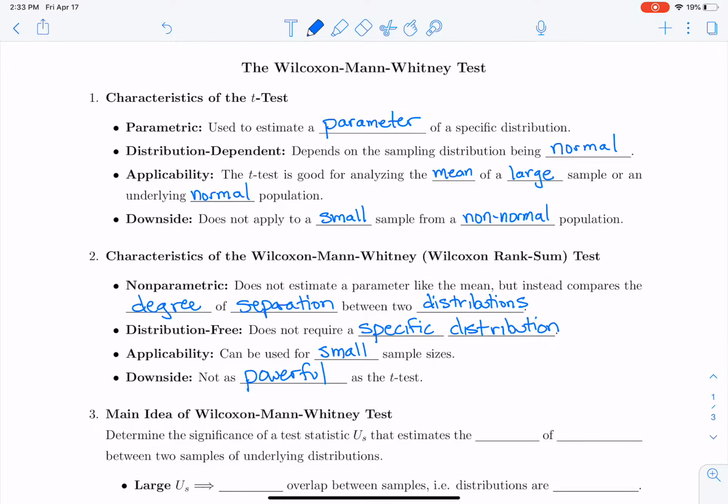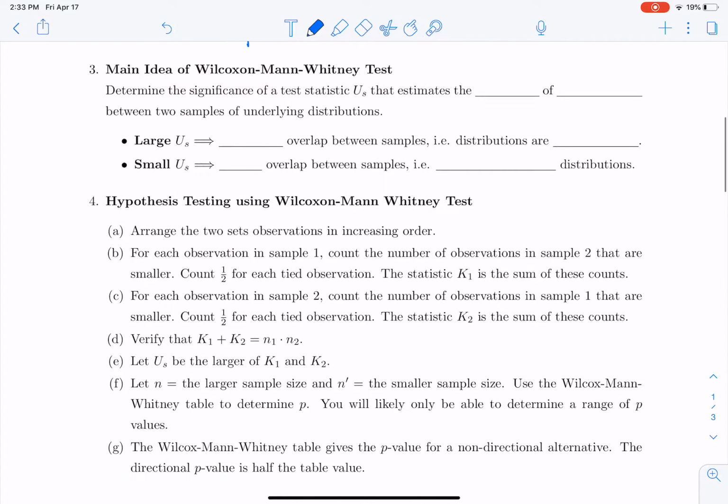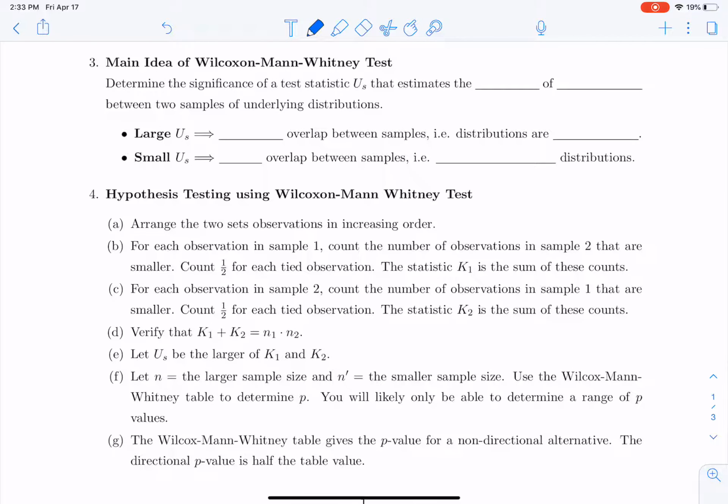Now, the main idea of the Wilcoxon-Mann-Whitney test is that we're going to determine the significance of a test statistic, which we will label U sub S, that estimates the degree of separation between two samples of underlying distributions.